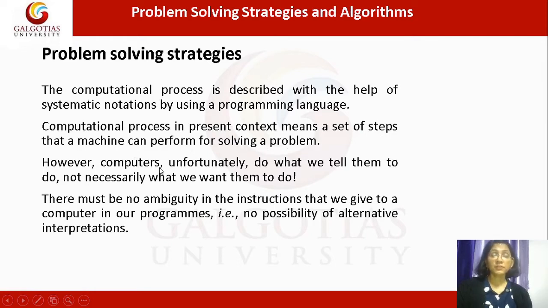However, computers unfortunately do what we tell them to do, not necessarily what we want them to. Therefore, while writing the instructions, we should be very careful and we should know what characteristics we are supposed to follow while writing strategies for solving a problem.